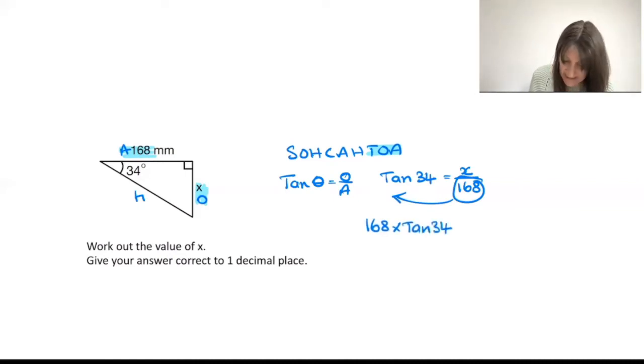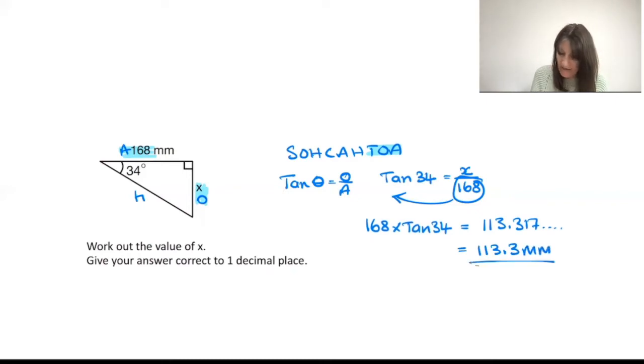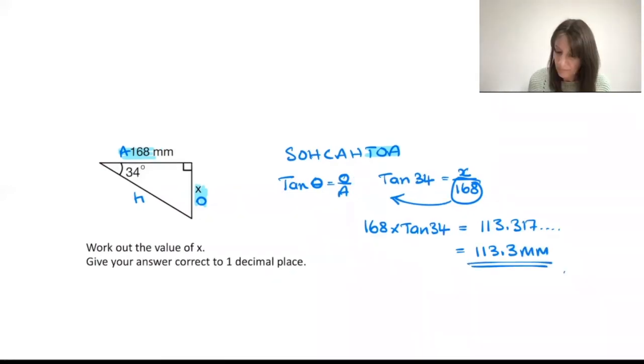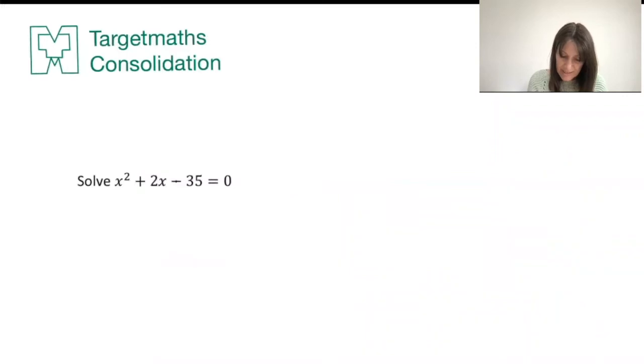I put that in and I get 113.317, on and on it goes. Check for my question. It says 1 decimal place. So 113.3 millimeters is my final answer. Okay, there's your next one. Hit pause and press play when you're ready.